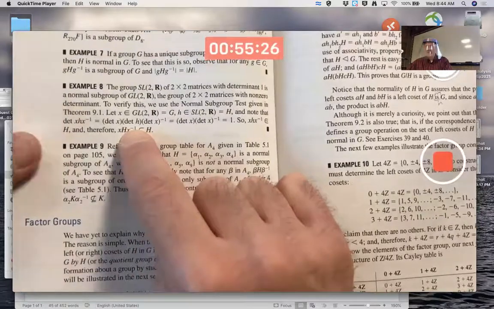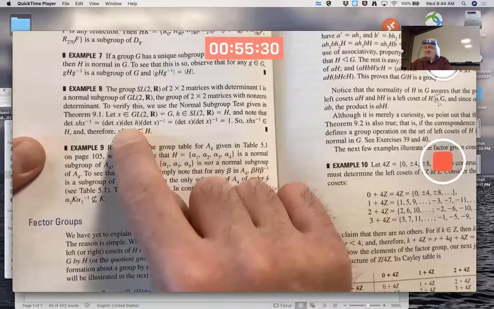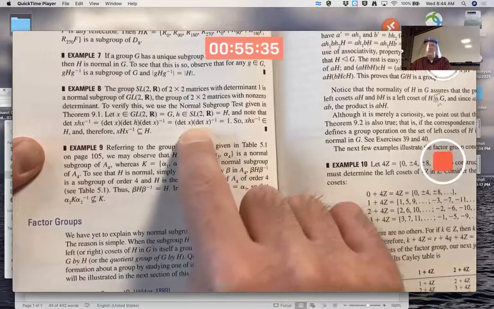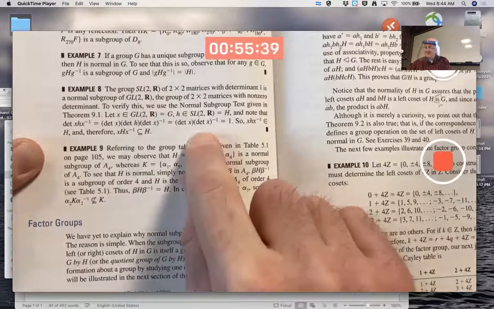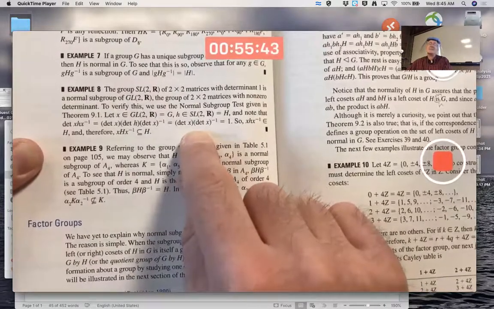But hey, H is in SL, so its determinant is 1. You can replace determinant of H with 1, it goes away. And these are two numbers whose product is 1. They're non-zero numbers. The multiplicative inverse of this non-zero number does exist. You're not dividing by 0 here.